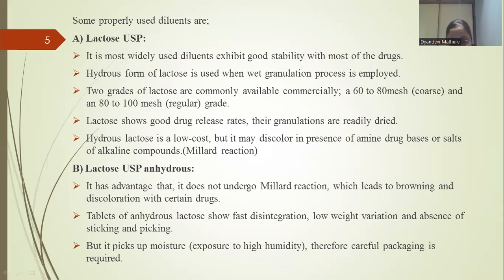As there is low water, there is no chance of sticking and picking. But it picks up moisture when exposed to high humidity. Therefore, careful packaging is required. You have to pack this anhydrous lactose in a moisture-proof container.